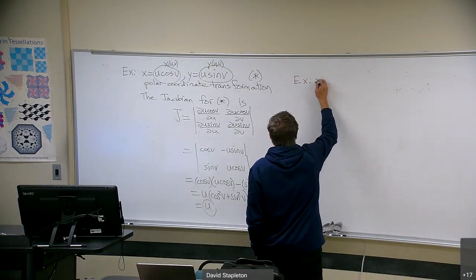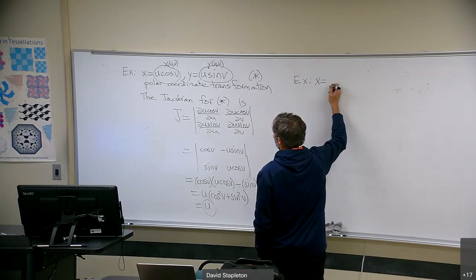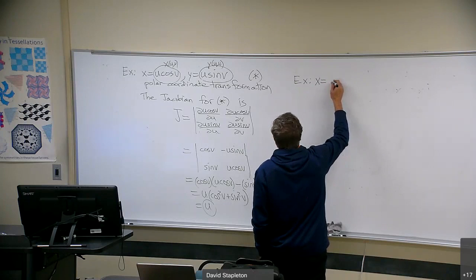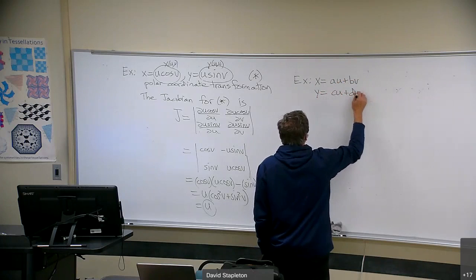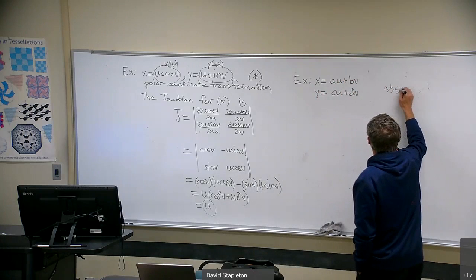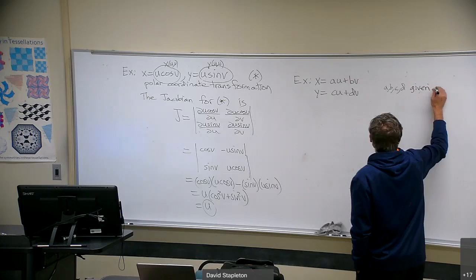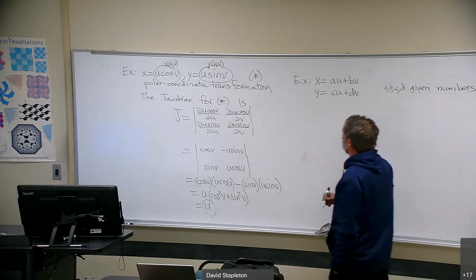Suppose I have x equals a u plus b v, y equals c u plus d v, where a, b, c, and d are numbers, and u and v are the variables. Now what's the determinant?